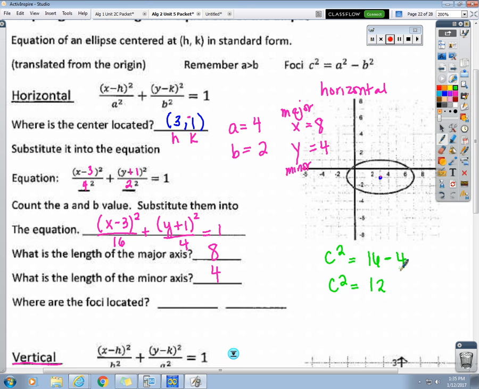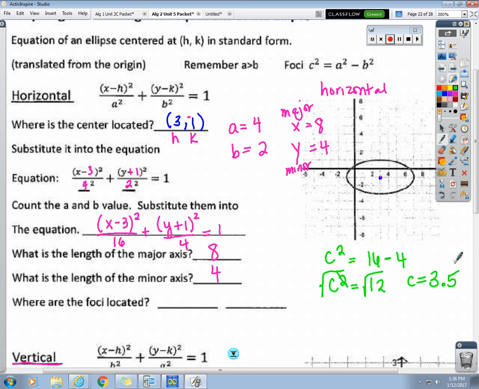And now to solve for c, what do you do to both sides? Square root it. Okay, so c equals the square root of 12, which is 3.5. That means on the major axis, you're going to move 3.5 units away from the center on each side.